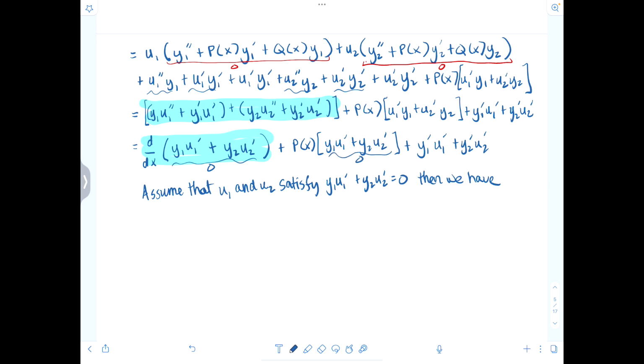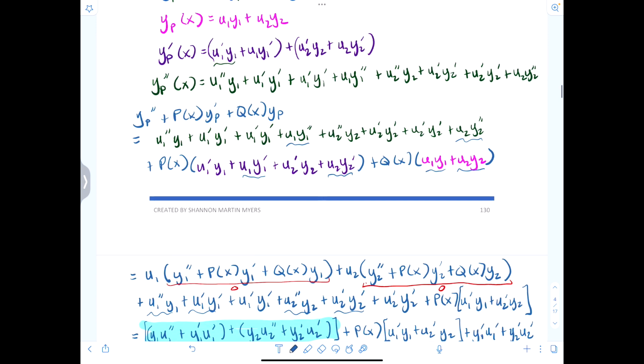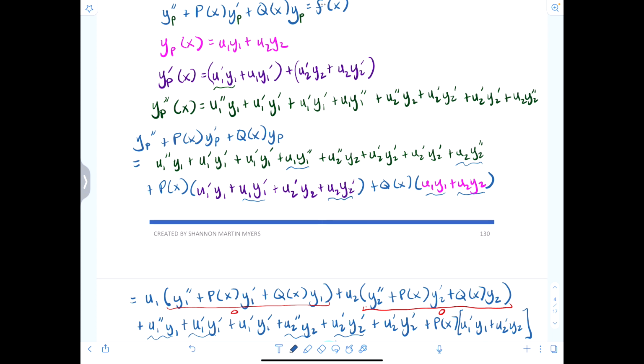This guy would be 0. And what would we be left with? We'd have this one left. And what's that going to equal? Good, f at x, right? Because that's what this whole thing right here was supposed to equal.